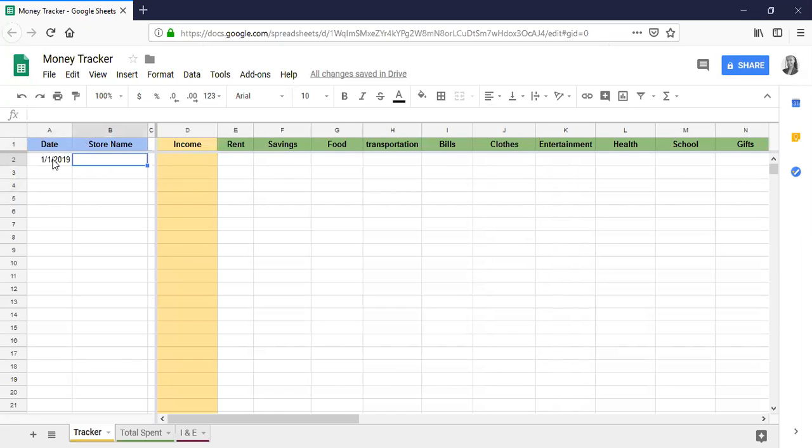So let's say at the beginning, I was hungry, so I went to McDonald's and got some food, and I also got paid today, so I'm going to put paycheck, and I will put that here, right?